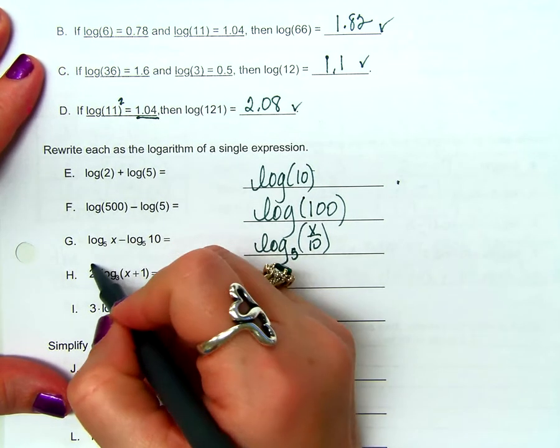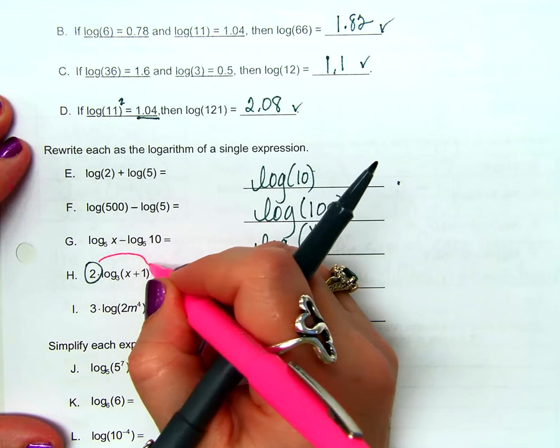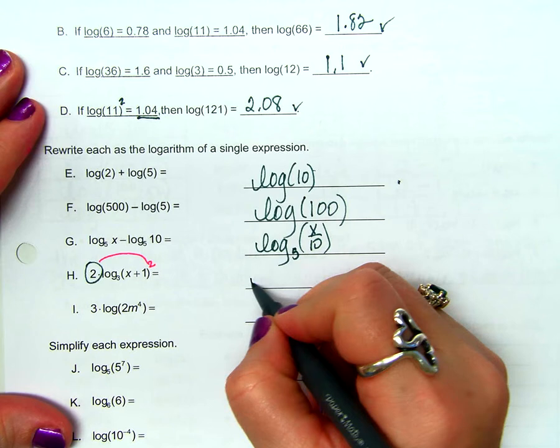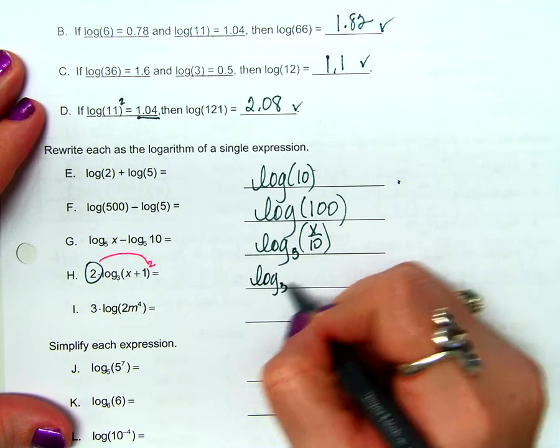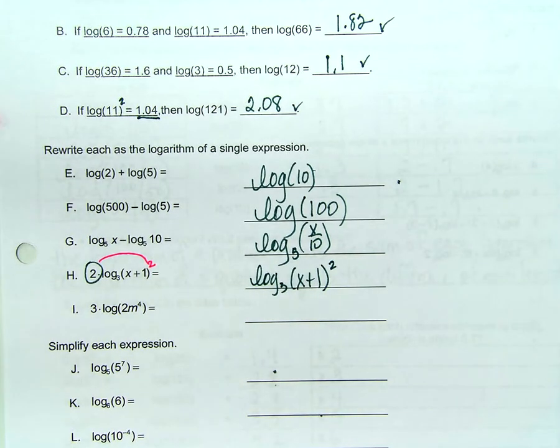What happens to that 2? Where does it go? It goes up here as an exponent on the argument, right? So first of all, I get log base 3 of x plus 1 squared, except I can figure that out, can't I?